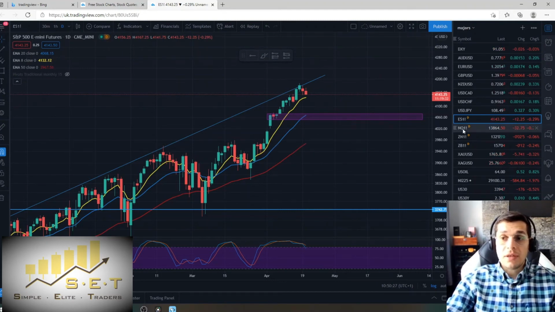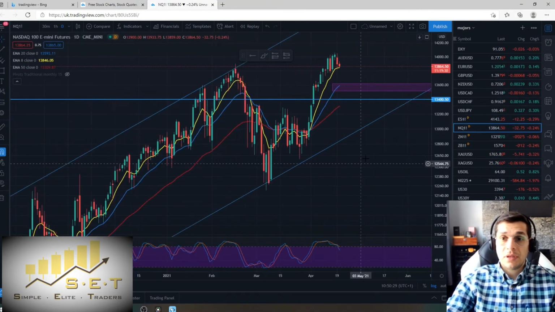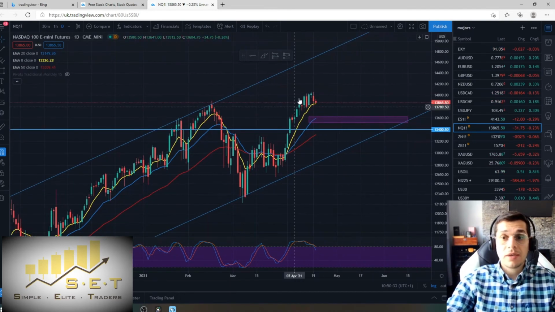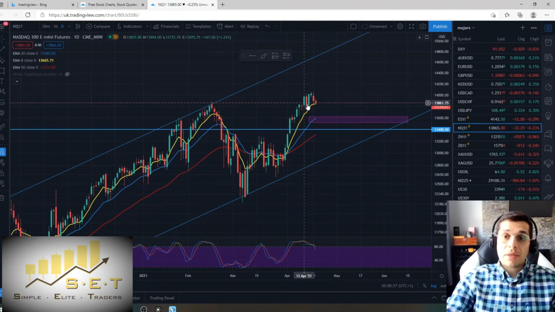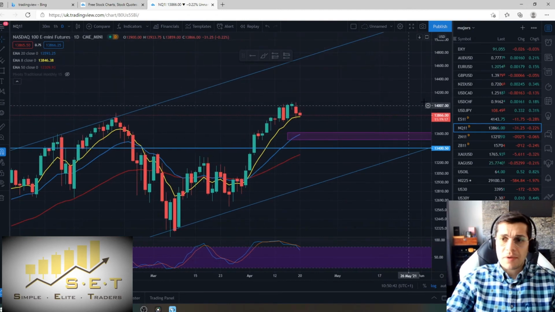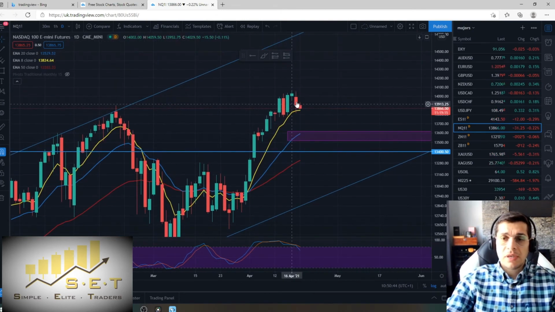The other chart is NASDAQ. NASDAQ last week hit a new all-time high, which was around 14,000. But the price does not look very bullish at the moment. We see a little bit of indecision right now, especially on Friday's bar.